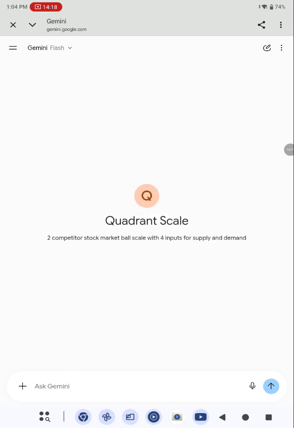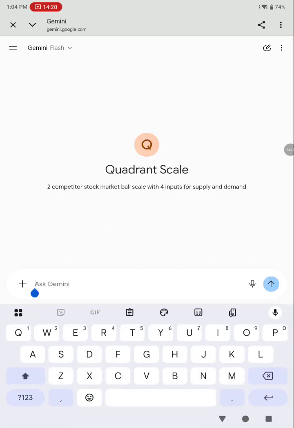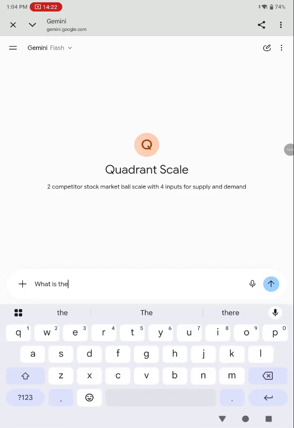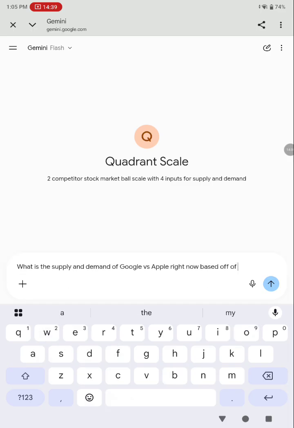Or the chat. Now, so, what is the supply and demand of Google versus Apple right now based off of stock data?